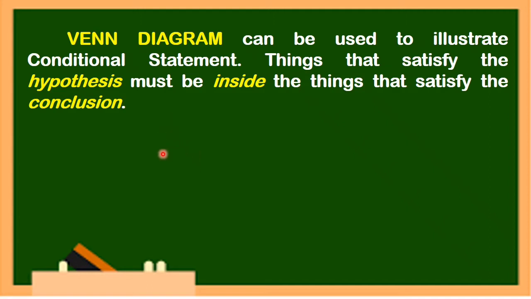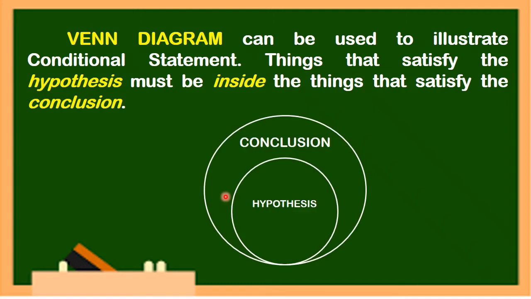But in this conditional statement, we can also use Venn diagram. You learned already that in Venn diagram, we use circles to show 2 sets. So, for conditional statements, we're going to use hypothesis, which must be inside the conclusion, the bigger circle.